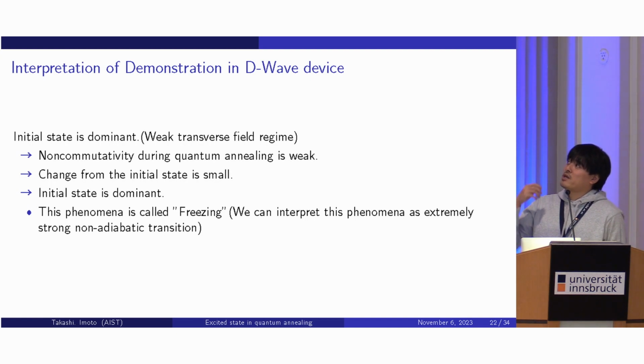In the weak transverse field regime, I think the non-commutability during the quantum annealing is weak, and the change from the initial state is very small. Therefore the initial state is dominant, and this phenomenon is called freezing, and we can interpret this phenomenon as an extremely strong non-adiabatic transition.